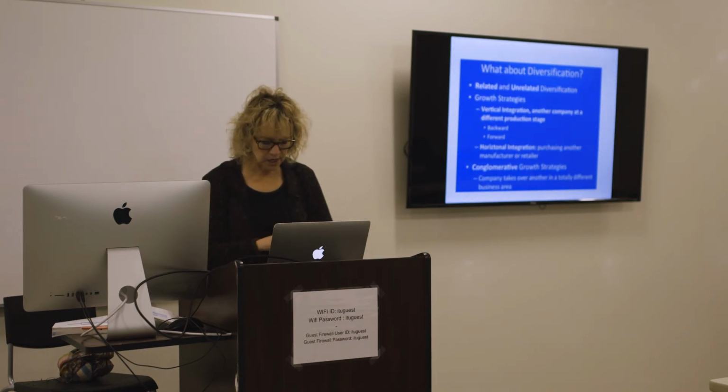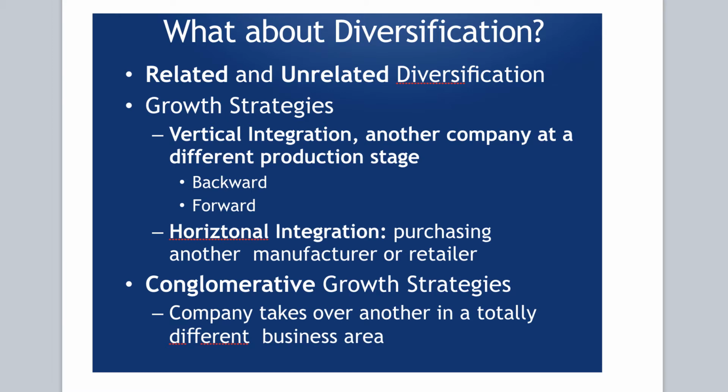So diversification is actually one of those things that a lot of organizations can focus on in terms of marketing strategies, and a lot of times it will be related to overall organizational goals. So they might want to diversify in a related fashion or an unrelated fashion. They could purchase a company that is within their range of products, what's called vertical integration, where maybe they purchase small dairies, companies that are selling milk products from small farms.